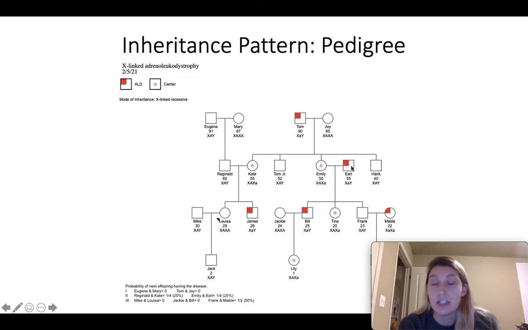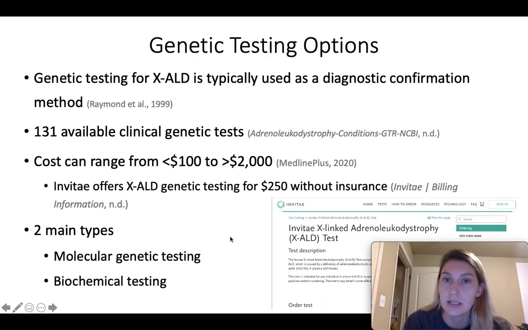Once she marries a person with XALD, we will see that having the one X from the mother is enough to produce a male offspring with the disorder. So we can see how it's going to be inherited. It is recessive and it is X-linked. We're not going to have any parents who do not have the recessive allele producing a child with XALD.